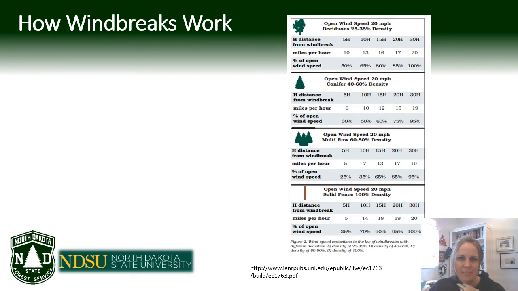Various different windbreaks have different densities depending on the materials used, or in the case of vegetative windbreaks, species used, number of rows, row spacing, and factors like the condition of the windbreak. 4 basic windbreak scenarios are presented here, ranging from low density to high density, with the bottom scenario being a 100% solid fence. But that could be a house or a barn or anything that wind cannot pass through.